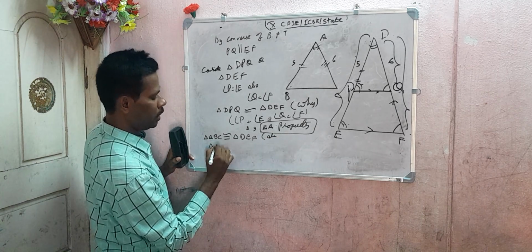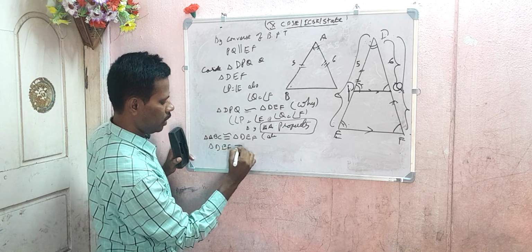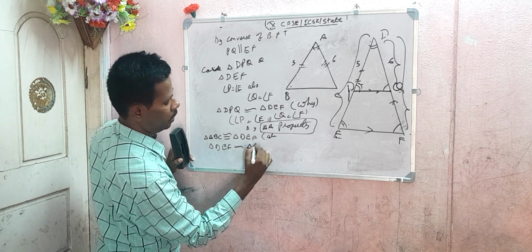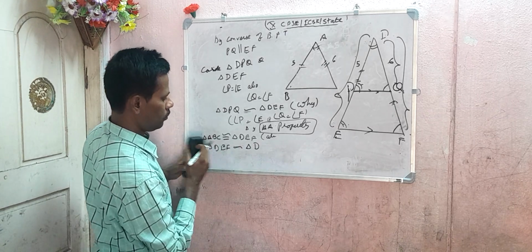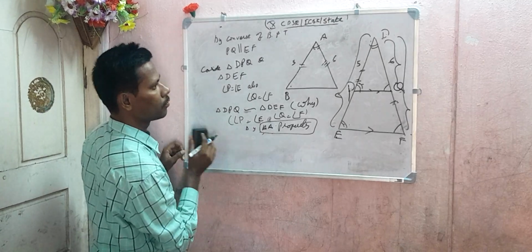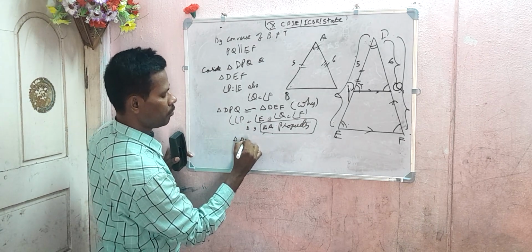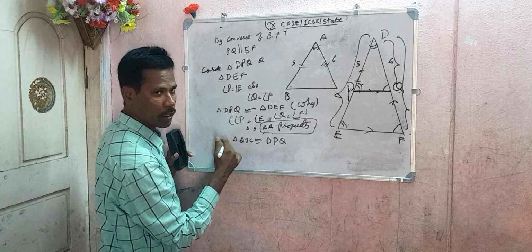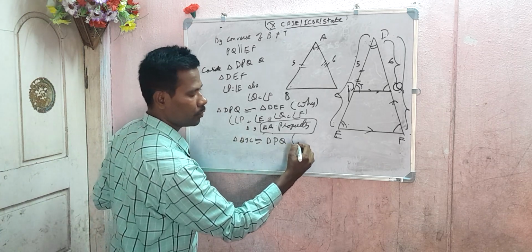Triangle ABC is congruent to triangle DPQ. I have written the letters wrong, I'm sorry.